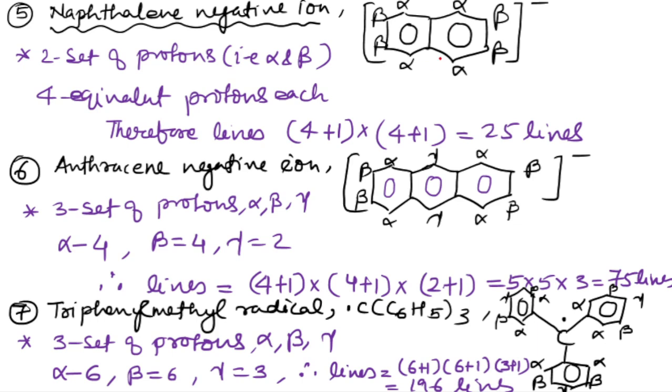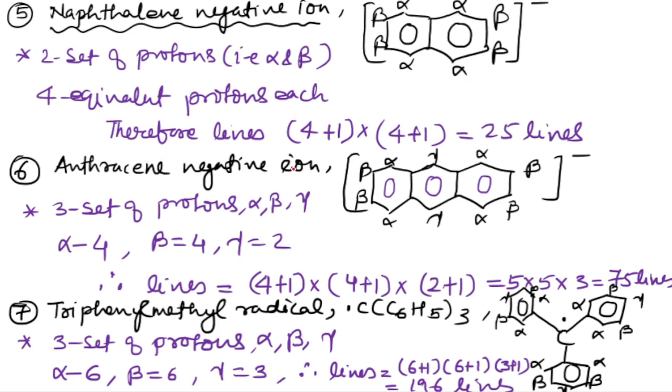Here you will get two types of protons, alpha and beta, so two sets of protons, and in each set there are four protons. One, two, three, four. Alpha is 4 and beta is 4.